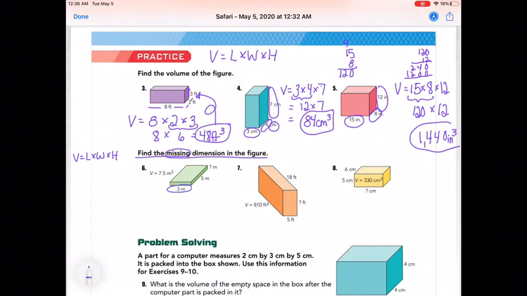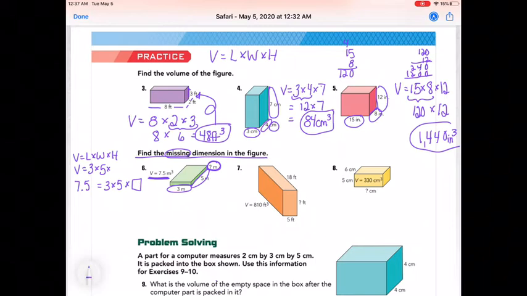The length is 3, so volume equals 3 times 5 times, oh look, we do not have the height, but what we do have is they gave you the volume. So now we have 7.5 is equal to 3 times 5 times something.